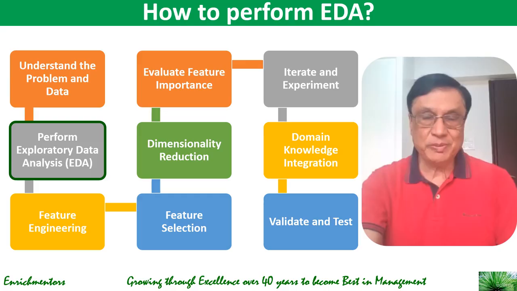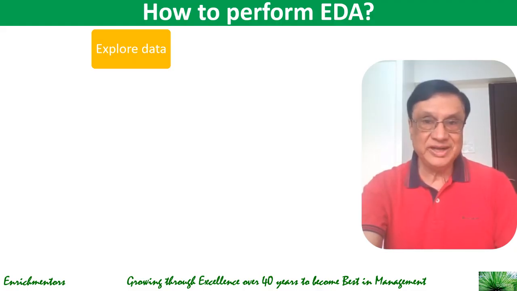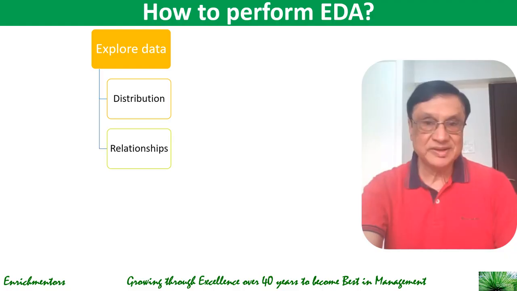Having understood the problem and the data, you get into exploring the data and doing the EDA. How do you do this EDA? You explore the distribution of the data, and the relationships and patterns in the data.